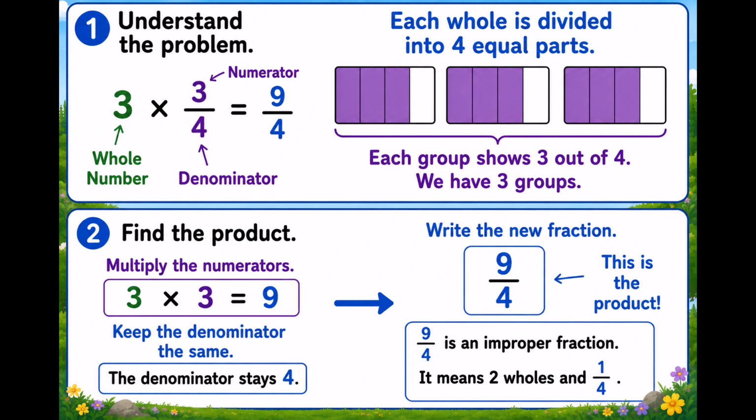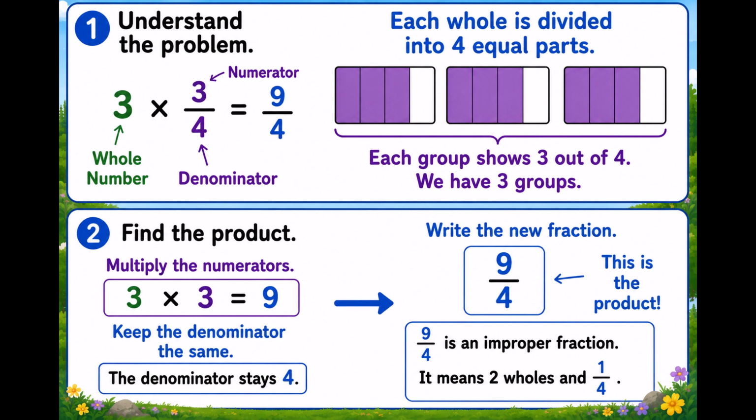So in these rectangles, we have 3 whole groups, and because of the fraction 3/4, we have 3 shaded out of the 4 panels. So now we look at it like this. Each group is 3/4 or 3 out of 4 equal parts.